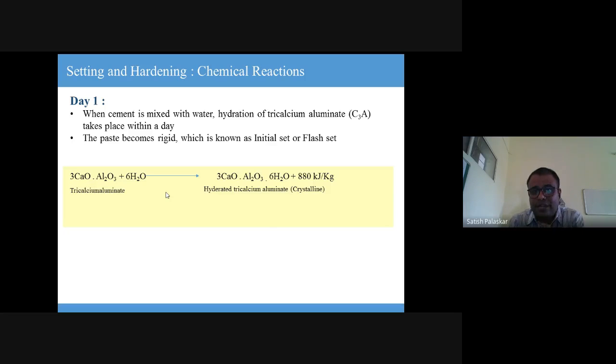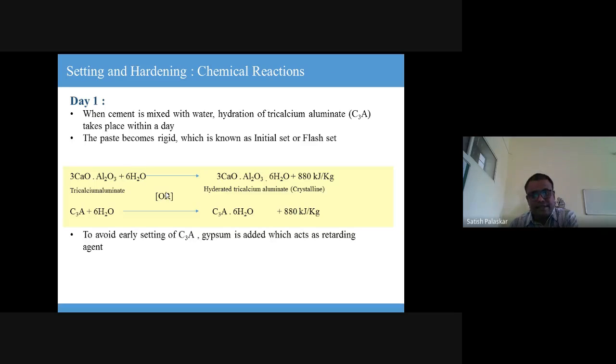That is, some chemical reactions will take place over there. That is nothing but the hydration of the cement. During this, heat is released. How much? 880 kilojoule per kilogram. That much amount of heat is released in the atmosphere. That is an exothermic reaction. The same is explained over here.